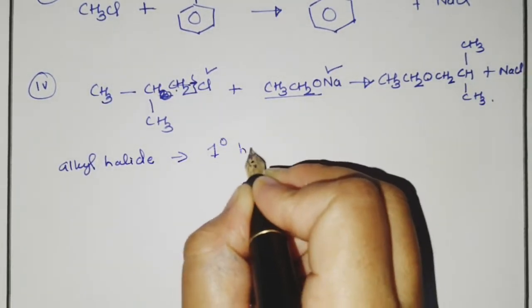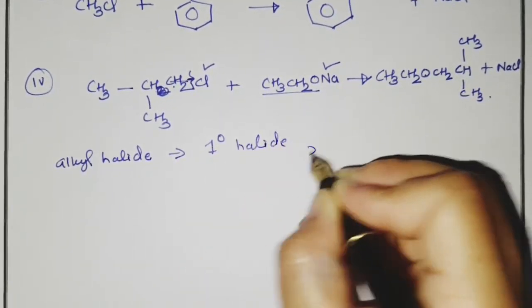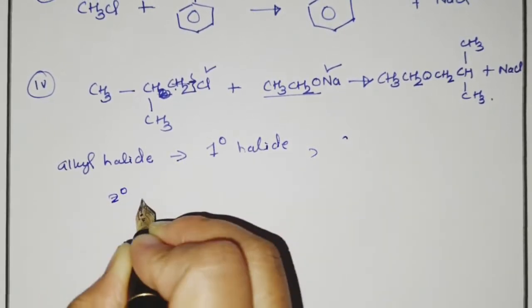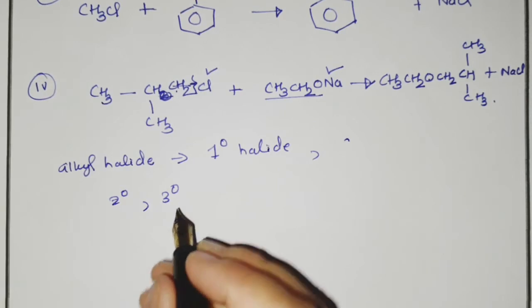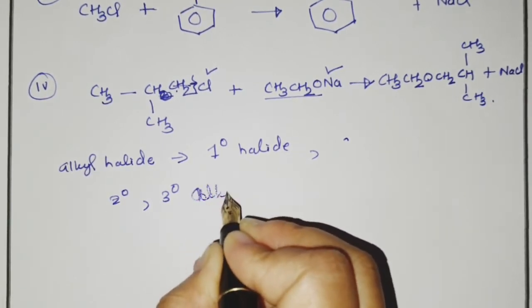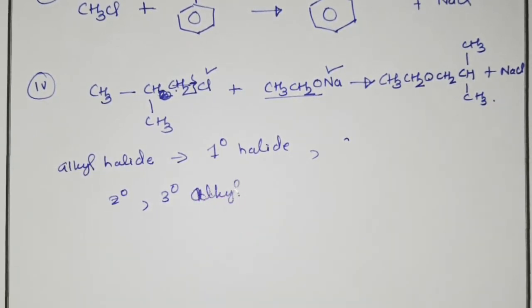Whereas if we take a secondary or tertiary, denoted by 2 degree or 3 degree alkyl halide, then instead of getting ether as a product, we get alkene as a product.